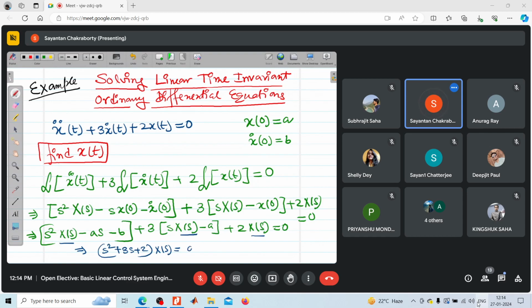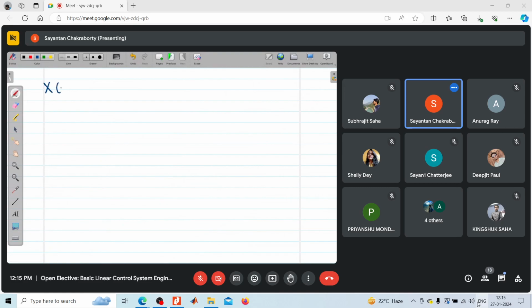The dependent variable that you want to calculate, you put that on the left hand side, and now find an expression for the dependent variable X(s) as (a s plus b plus 3a) by (s square plus 3s plus 2).